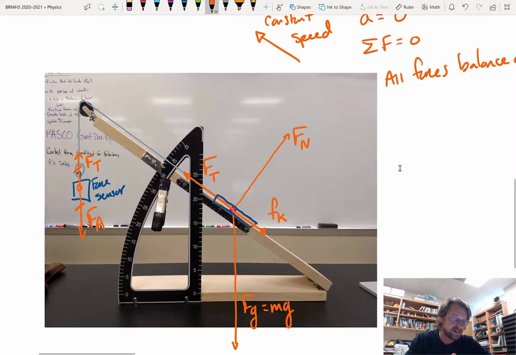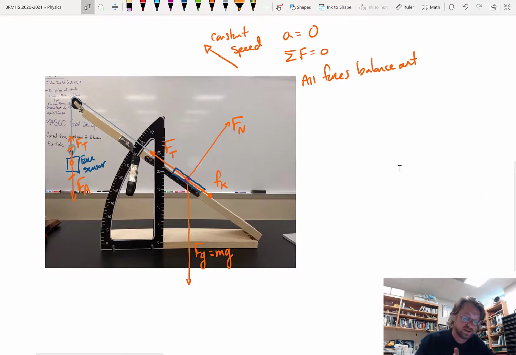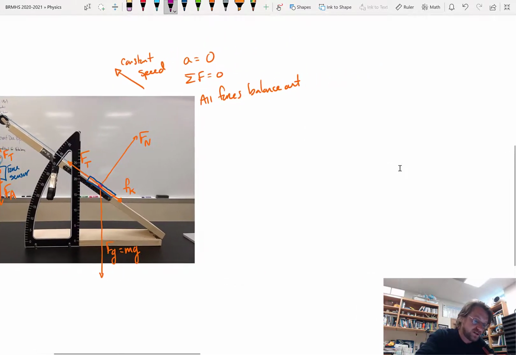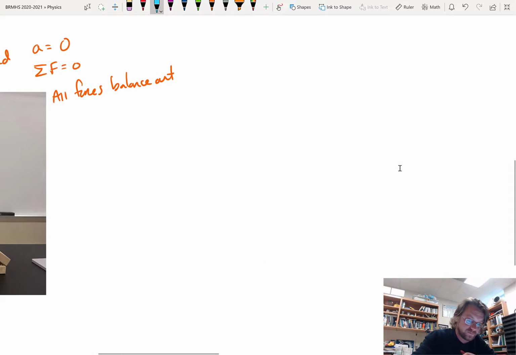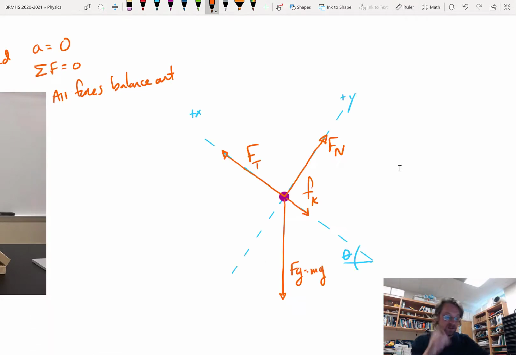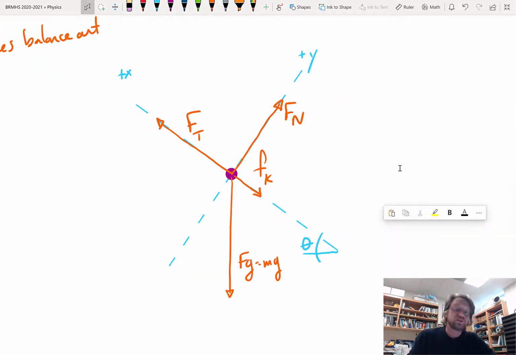All right, you got a tension force pulling on your block, so it goes up the incline. Kinetic friction's in the opposite direction. Fg is pointing straight down, which always equals mg, and you got a normal force going off at an angle. So we do an actual free body diagram for this. We want to have those axes. So we have that free body diagram, and then we got to do what we did before, just in the previous example. We need to break Fg up into its y and x component parts, its pieces.